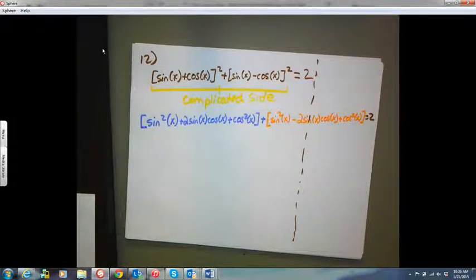You'd like to see me do it? Yeah. Okay. I think there are many of your classmates who are happy you asked. So, sine x plus cosine of x, squared. So let's draw my box.